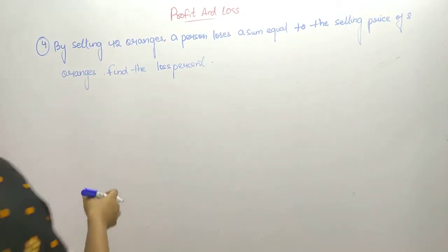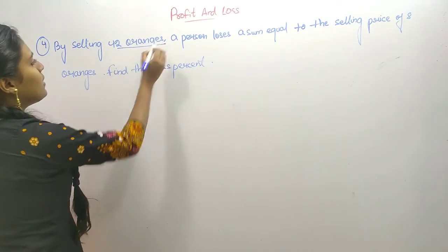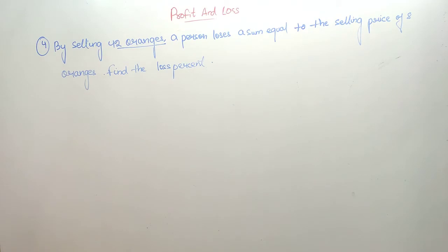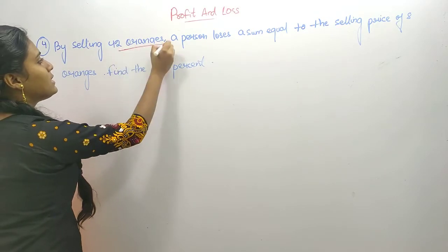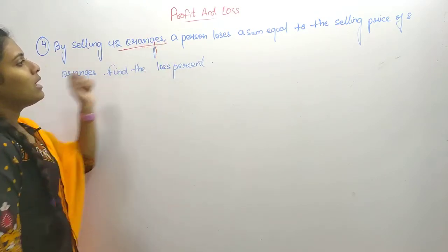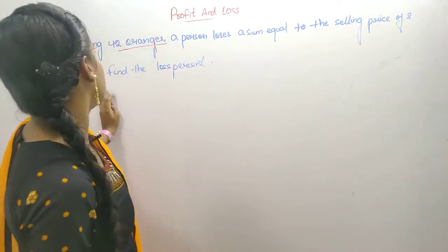What is the next question given here? By selling 42 oranges, a person loses a sum equal to the selling price of 8 oranges.